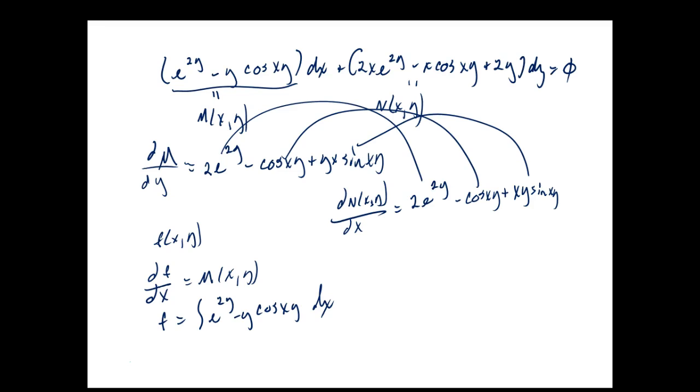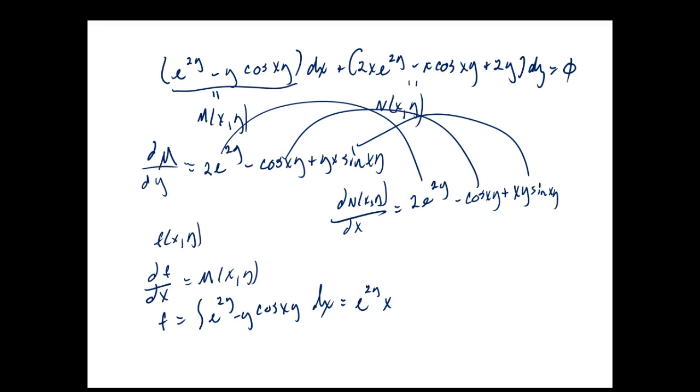All right. Notice this is just a constant. So that is going to be, and I'll have to write it here, e to the 2y x. Antiderivative of a constant is constant times the function. Right? Okay?